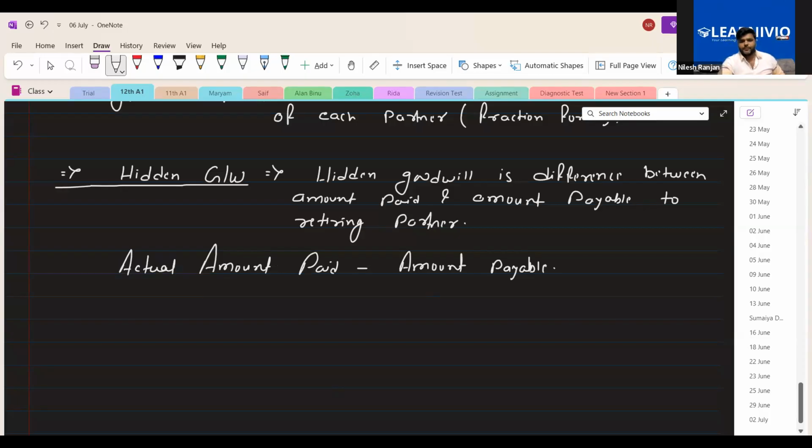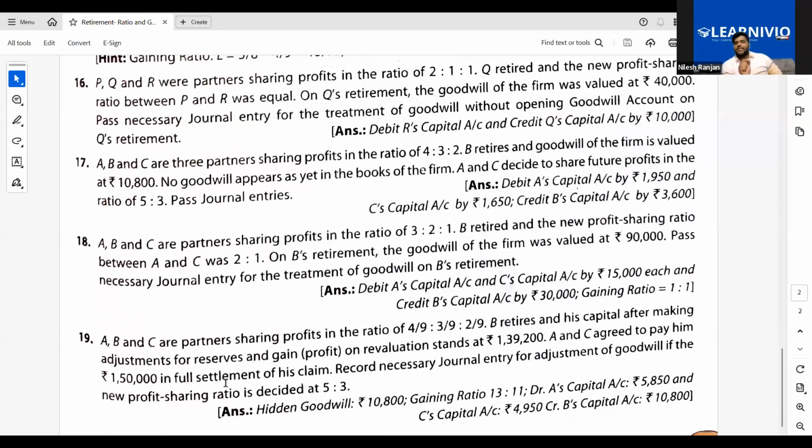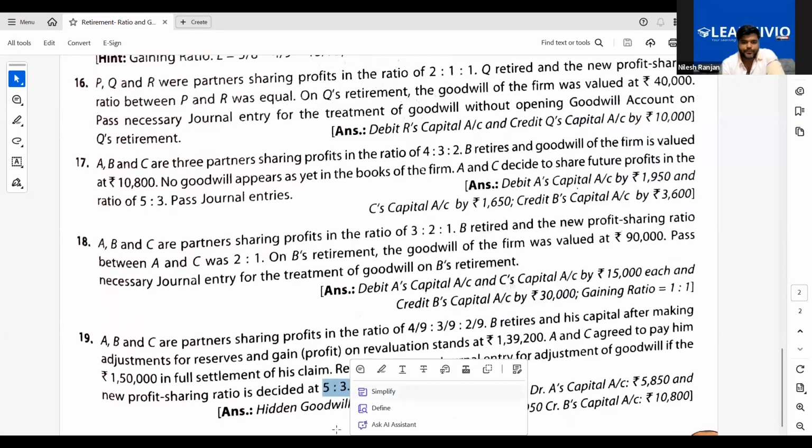So what does it mean? For example, see question number 19. A, B, and C are partners sharing profit in the ratio of 4:3:2. B retires and his capital after making adjustment for reserve and gain on revaluation stands at 1,39,200. A and C agreed to pay him 1,50,000 in full settlement of his claim. Record necessary journal entries for adjustment of goodwill if the new profit sharing ratio is 5:3.